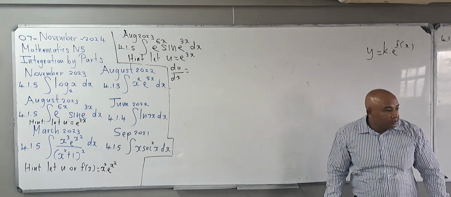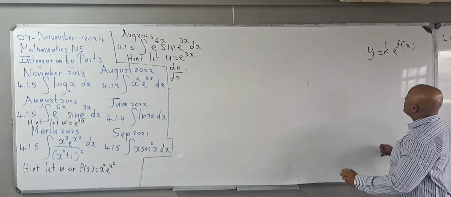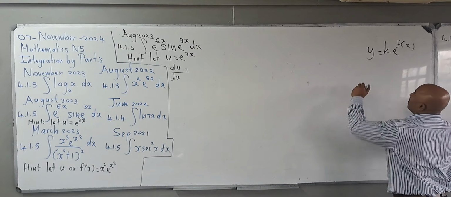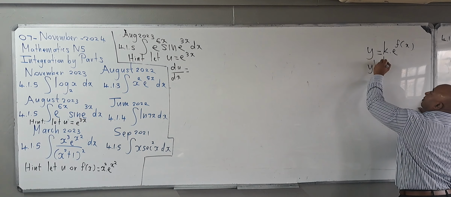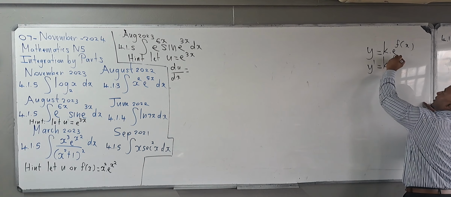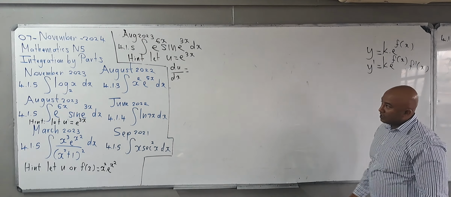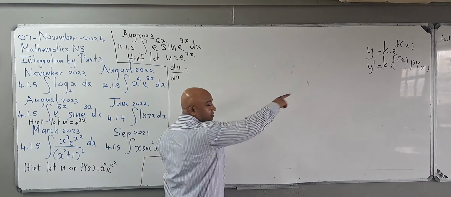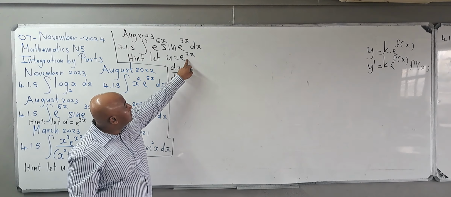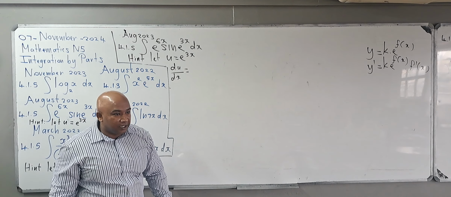Remember this formula? When you differentiate y is equal to k times e to the power f of x, y prime is k e to the power f of x times f prime x. So I'm going to apply that formula to find the derivative of e to the power 3x.